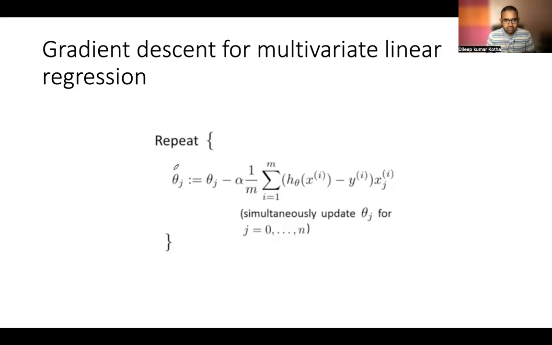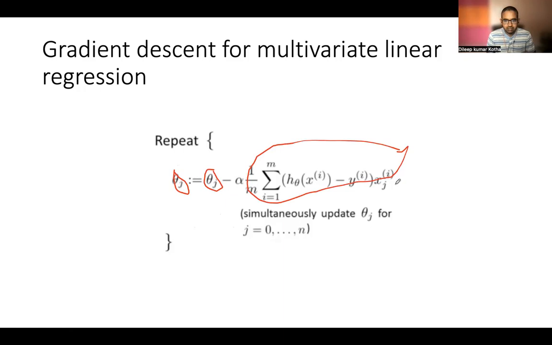Convergence is nothing but this theta j on the left hand side becomes almost equivalent to this theta j on the right hand side. So it means whatever the gradient you are looking at here, it almost reaches near to 0 value.